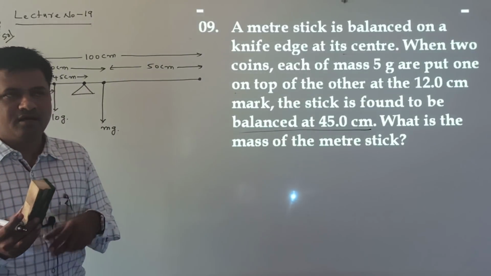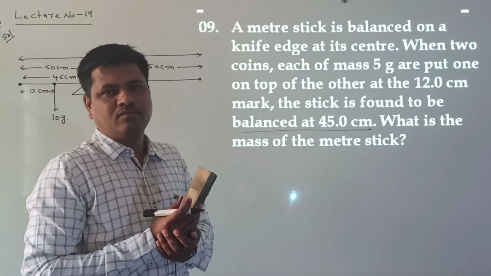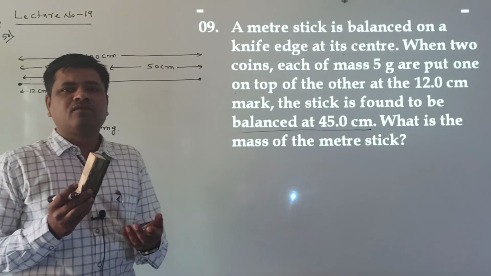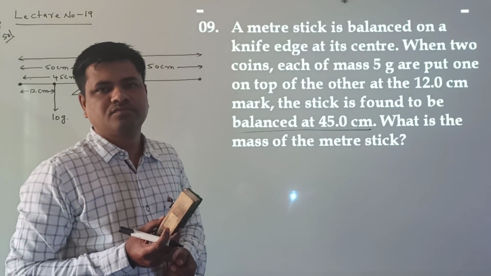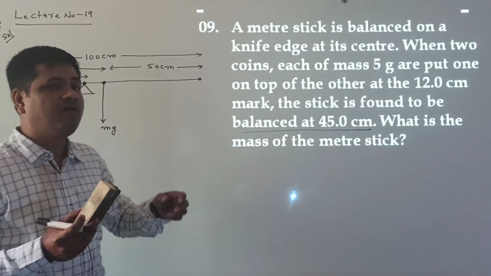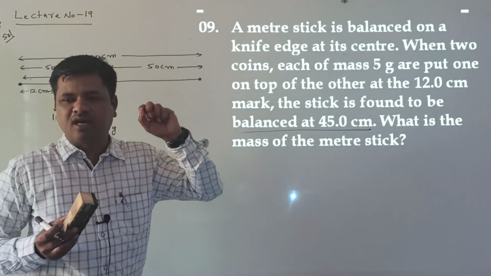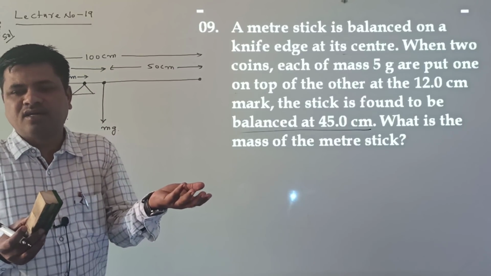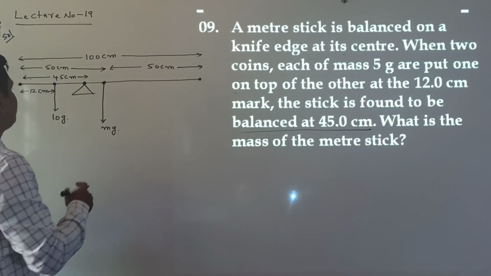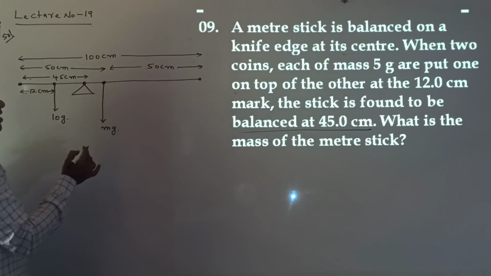This is the condition for rotational equilibrium: the total torque acting on the system is 0. Anti-clockwise torques are taken as positive and clockwise torques are taken as negative. We know that. About this point I want to find the torque.